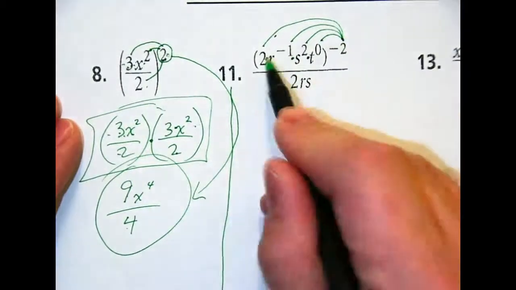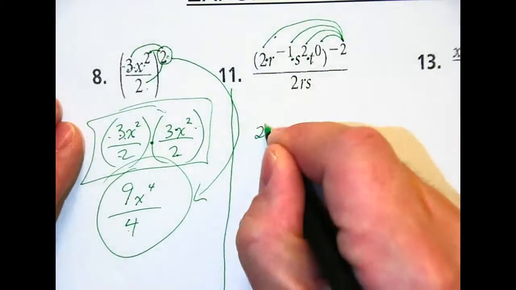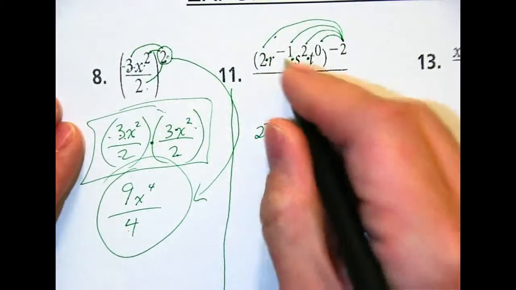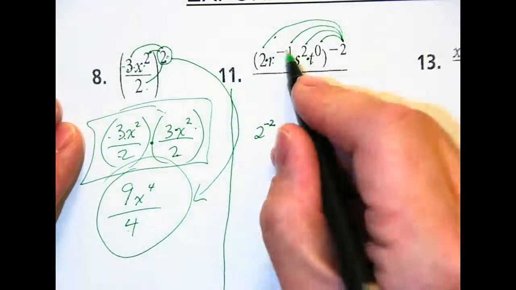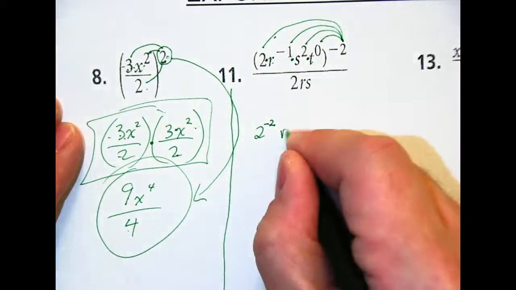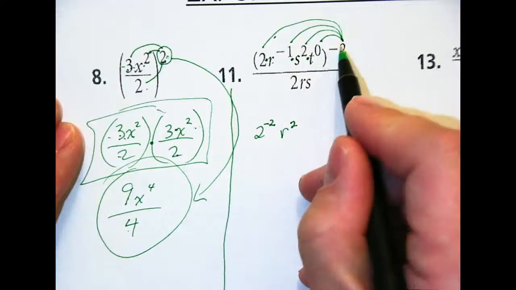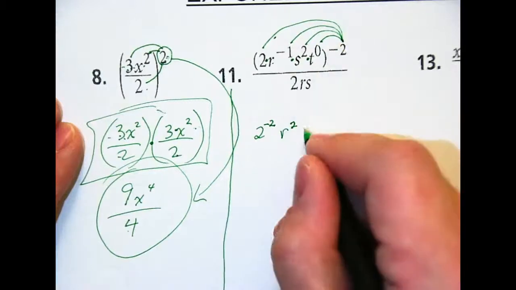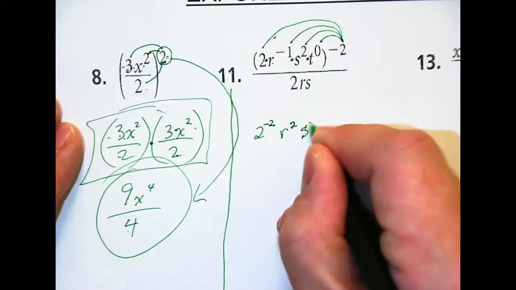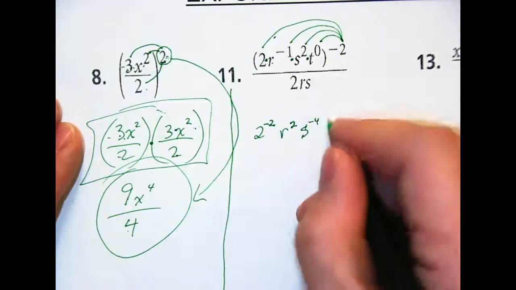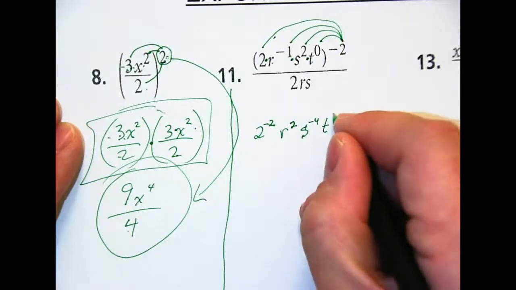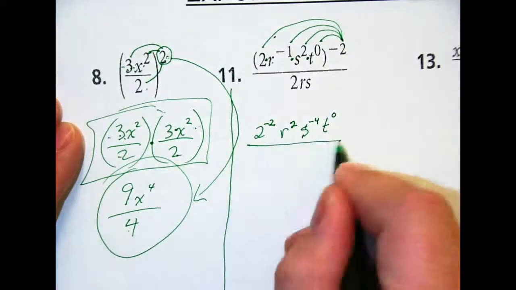So 2 to the negative 2nd, I'm just going to write it like that. R to the negative 1 times negative 2, which is 2. S to the 2 times negative 2, or negative 4. And t to the 0 times negative 2 is 0, all over 2RS.